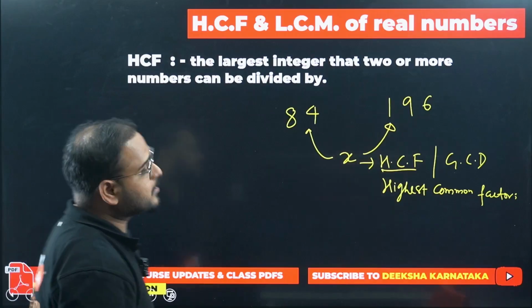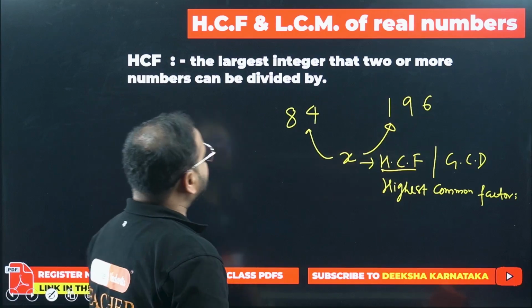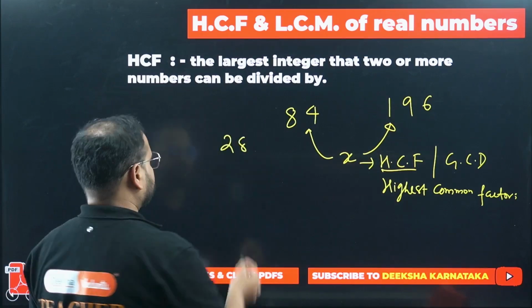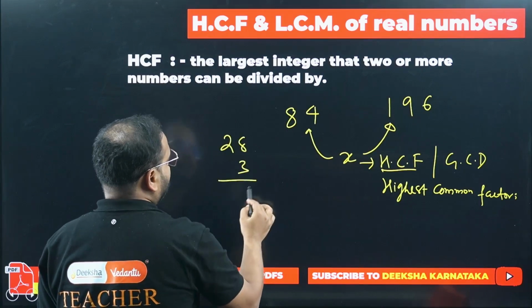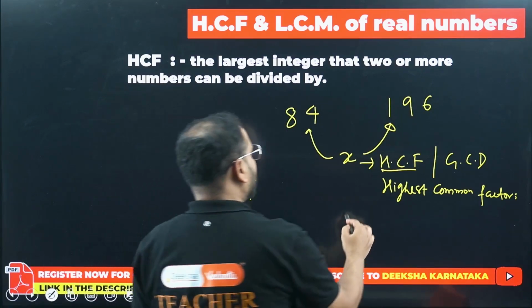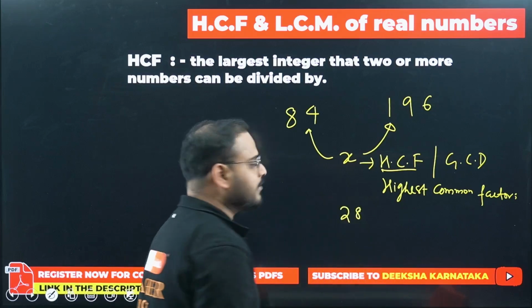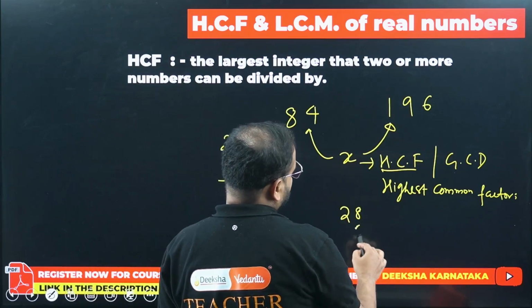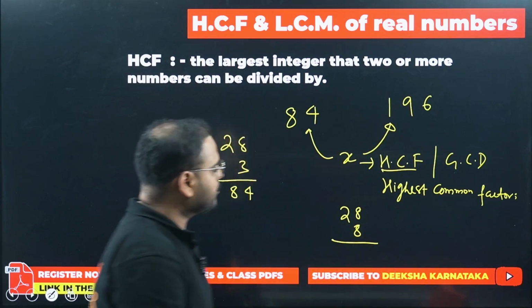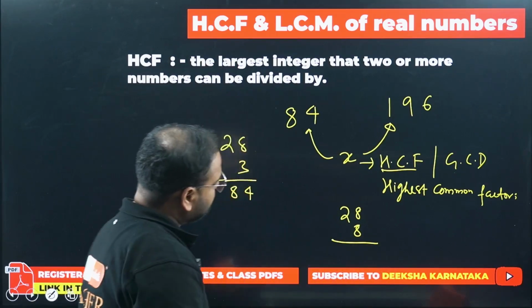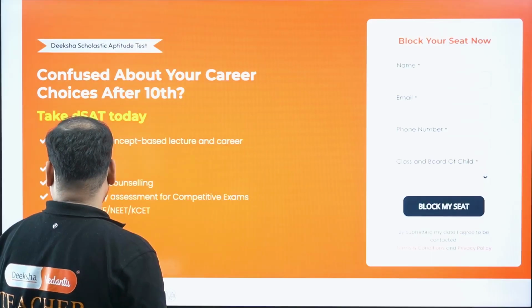How will this work, sir? Please have a look. 28 times 3 is 84. What about this? 28 times what is 196? I think 8? Is it 8 times? No. So if you check, 7.